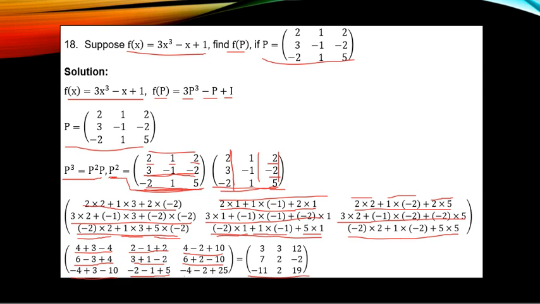And the last entry in the third row, minus 2 times minus 2, you have minus 4. 1 times minus 2 is minus 2, and 5 times 5 is 25. So when you add the entries in all the positions, you have this resulting matrix. So this is P squared. Then let's look for P cubed.